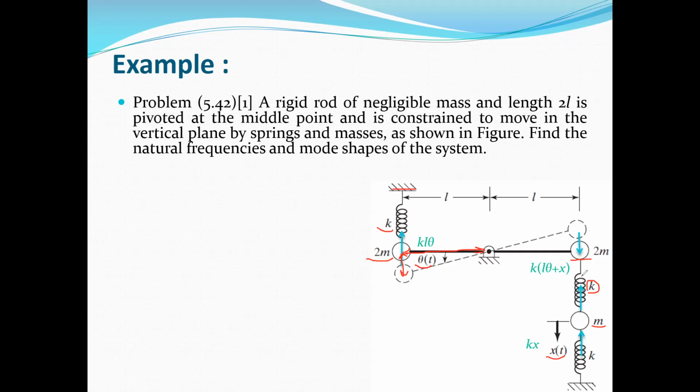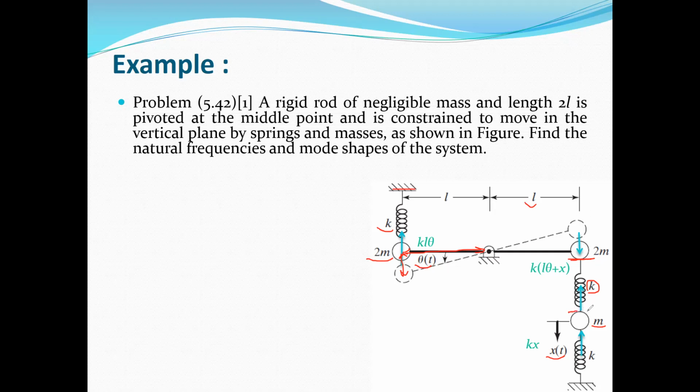Here, because from both sides the spring is subjected to extension, the displacement is equal to the summation of both edge displacements. For the upper edge, the displacement is equal to L times theta, similar to the previous spring.